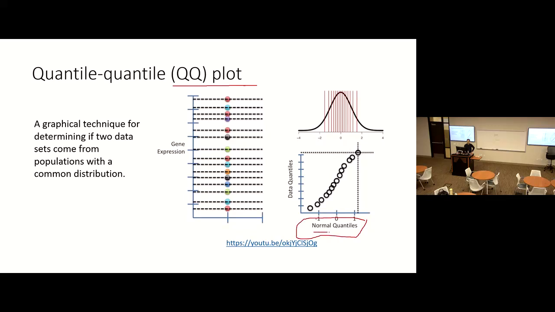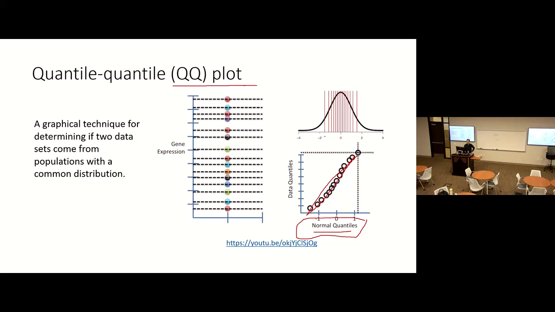In this case, we have a normal distribution. Assume all those data points follow that distribution. If that's the case, this QQ plot will be a straight line. And that means your expectation is the same as your observed. What you print here is the quantile values for each observation.